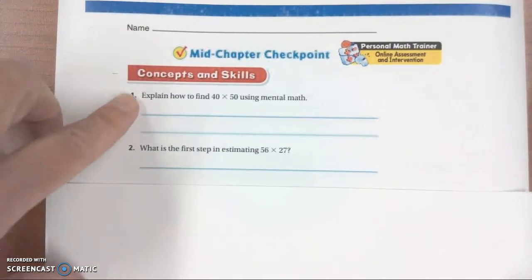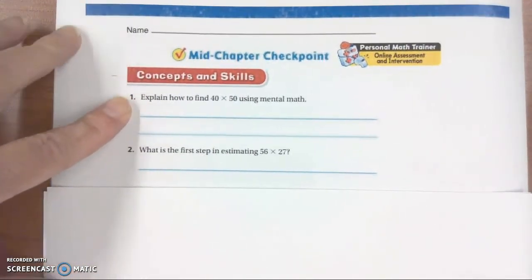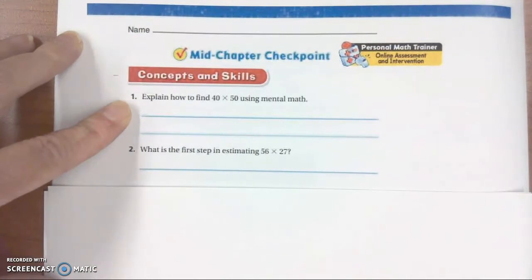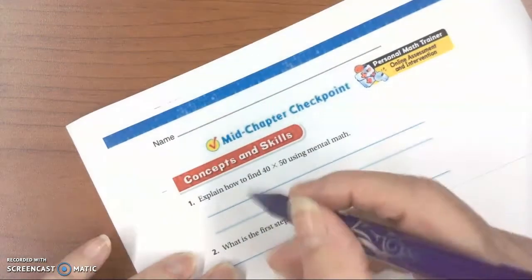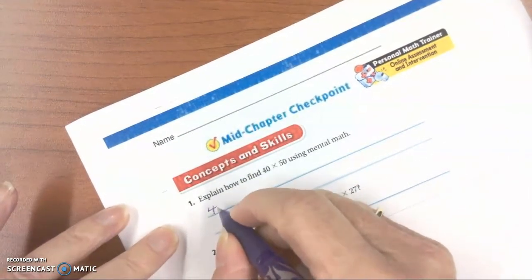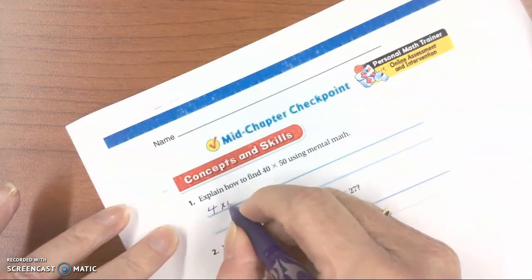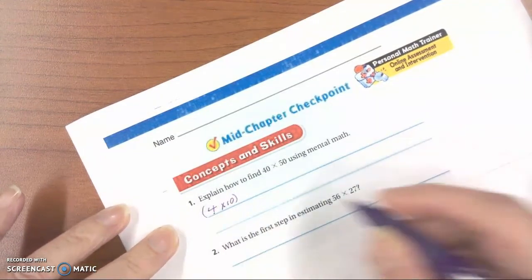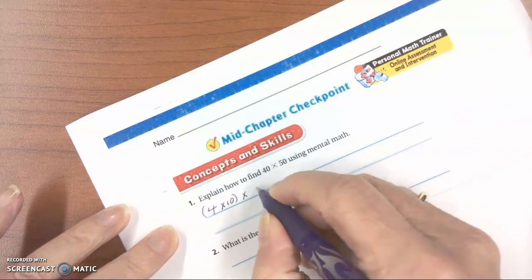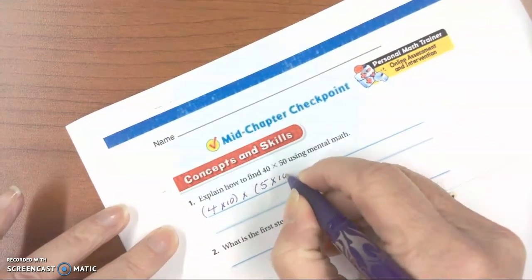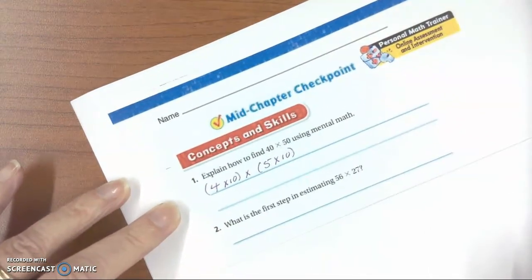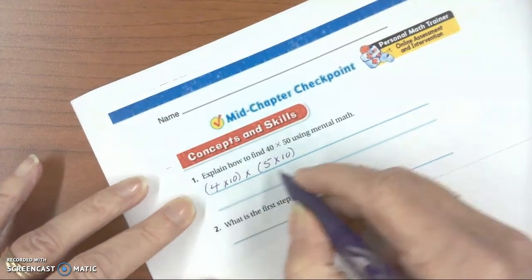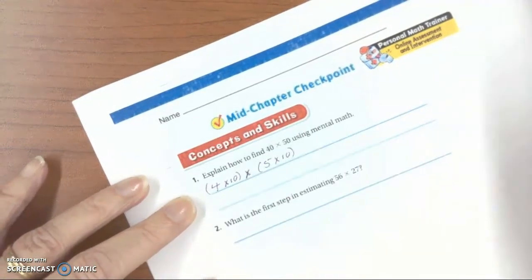So the first question says, explain how to find 40 times 50 using mental math. So I can decompose 40 into 4 times 10, and then 50 into 5 times 10, and then using the distributive property, I can multiply these.